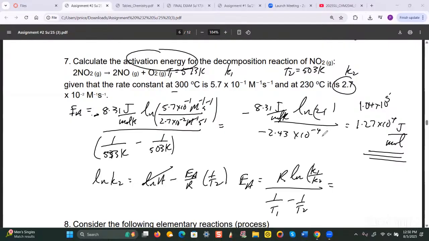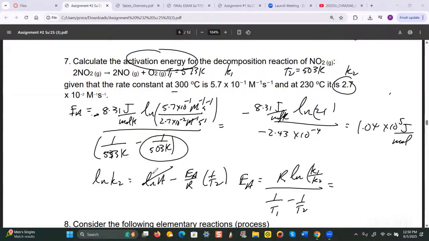Let's see if that gets the answer that I had originally. So the actual answer is 1.04 times 10 to the 5, and this will be joules per mole. And I realized the mistake I made: when I was putting the numbers in the calculator, I neglected that. So that makes a difference right there.